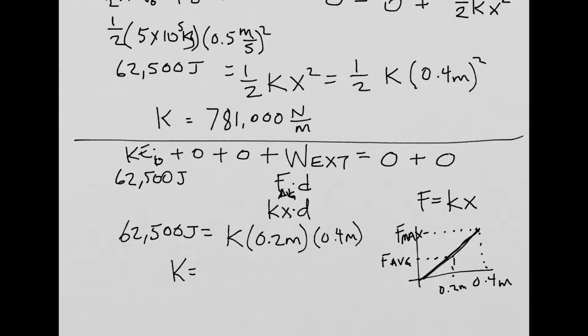When you solve for k in this situation, you still get 781,000 newtons per meter. So it's a radically different approach depending on whether we treat the spring as part of the system or the spring as an external force. Get the same answers, need to keep track of it the same way.